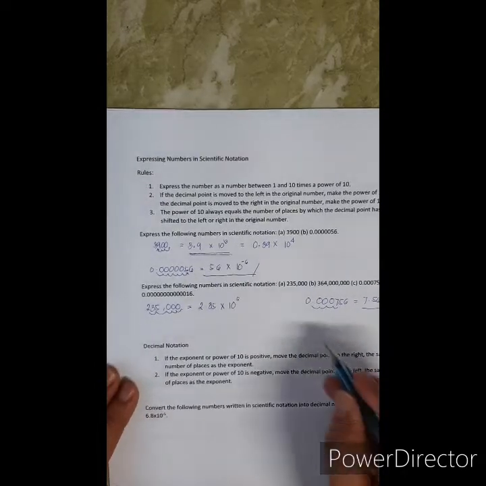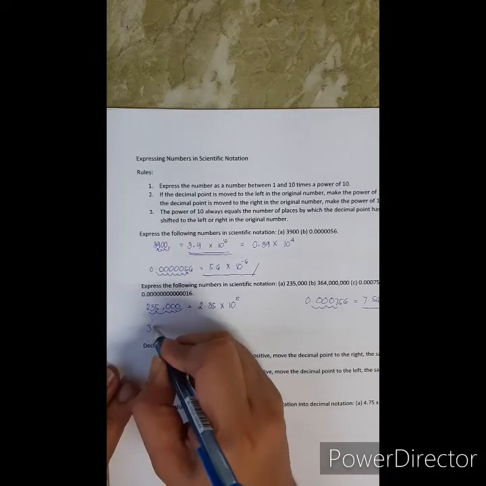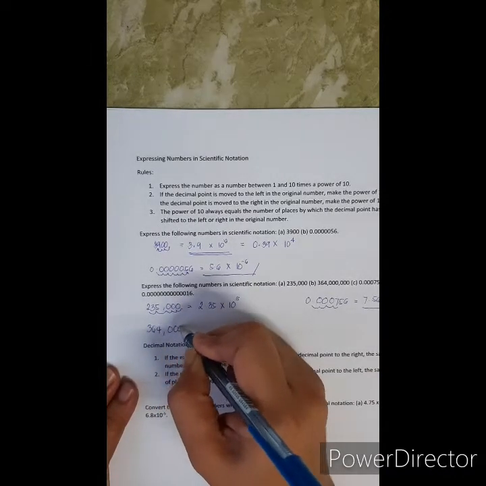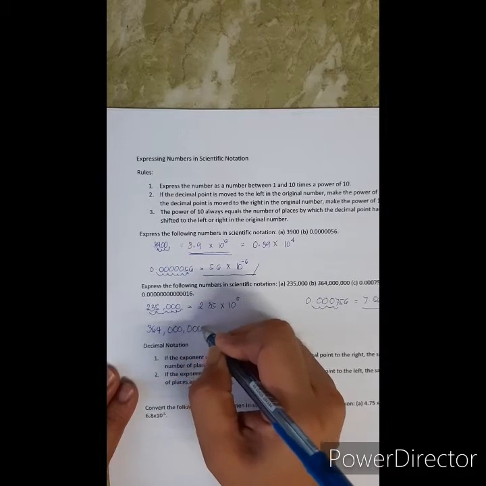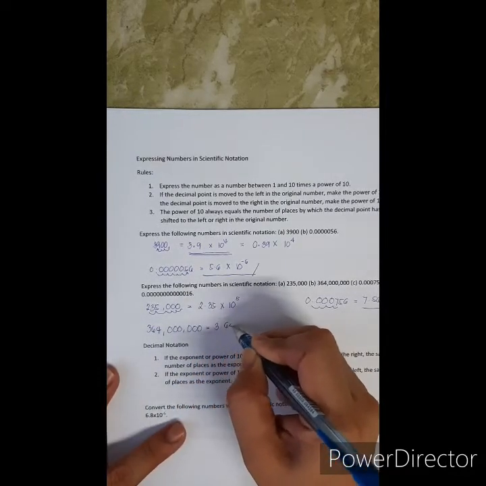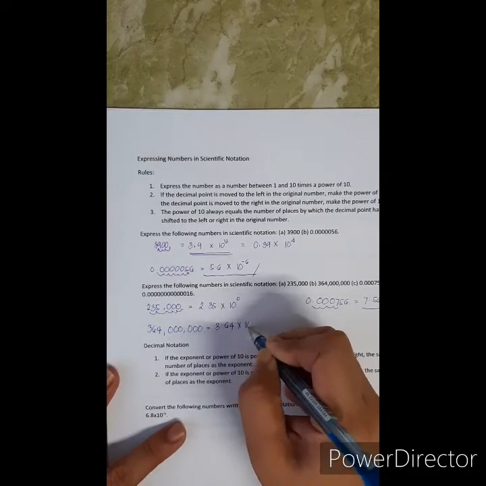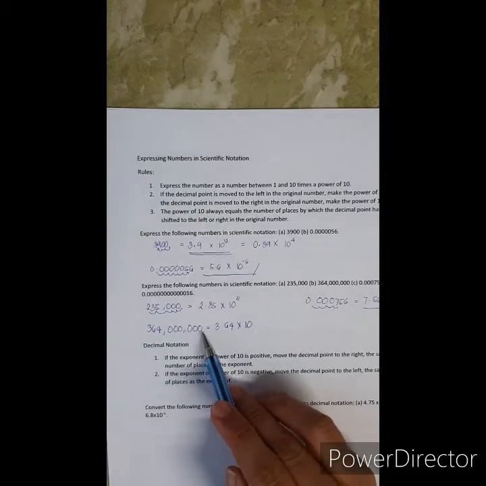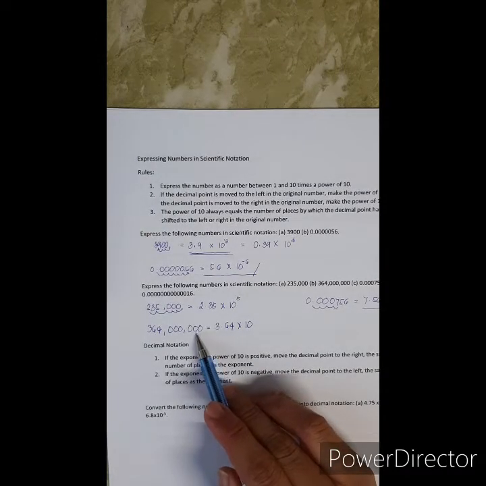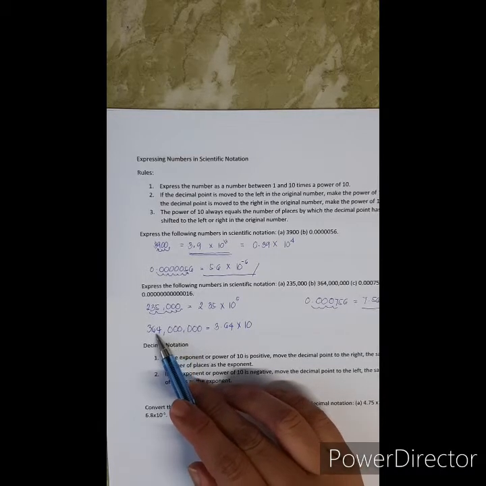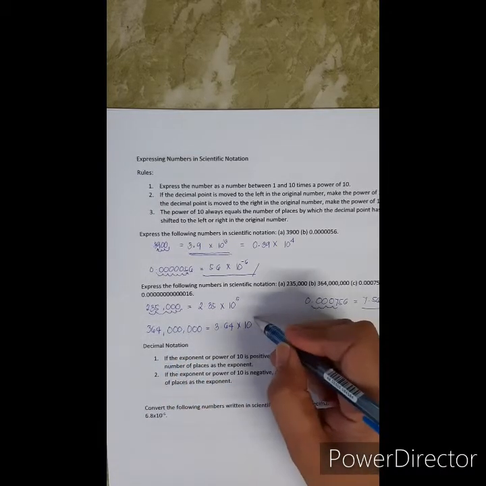Okay, how about letter B? 364,000,000. So that means 3.64 times 10 raised to, bilangin po natin, from here, 1, 2, 3, 4, 5, 6, 7, 8. So raised to 8.